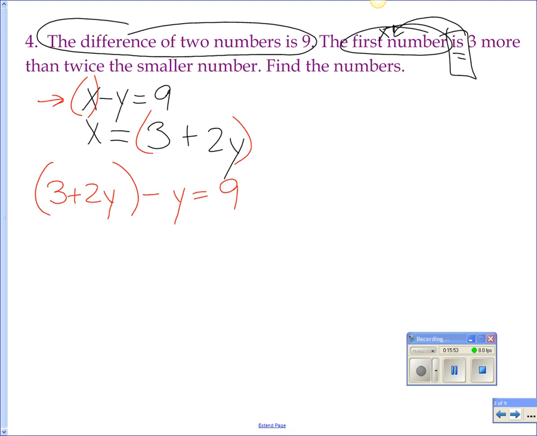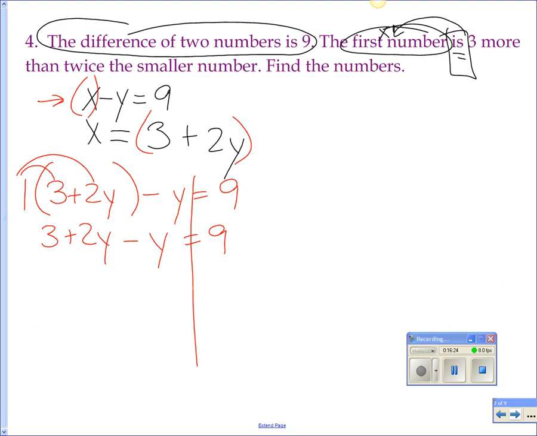Okay. Andrew, what do I do next? Good. You put a 1 out here, and you times it by 1. Good. Gracie, what do you get when you times that by 1? Get a 3 plus 2y, and you're going to drop this one down. Haley, what would I do next?